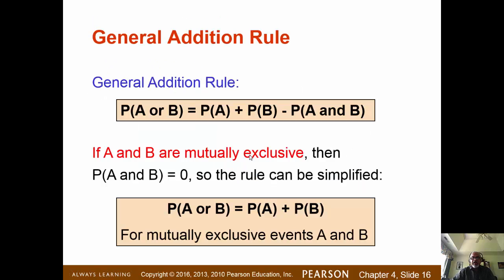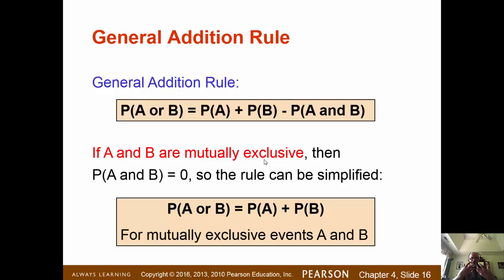So that's why we have the formula this way: probability of A plus probability of B. And here, we are double counting the joint probability, so you take away the joint probability one time.